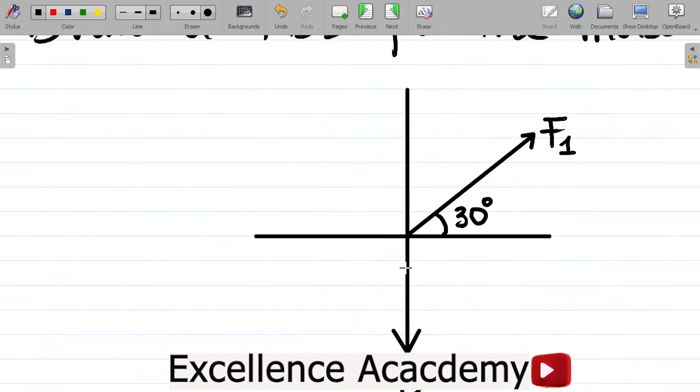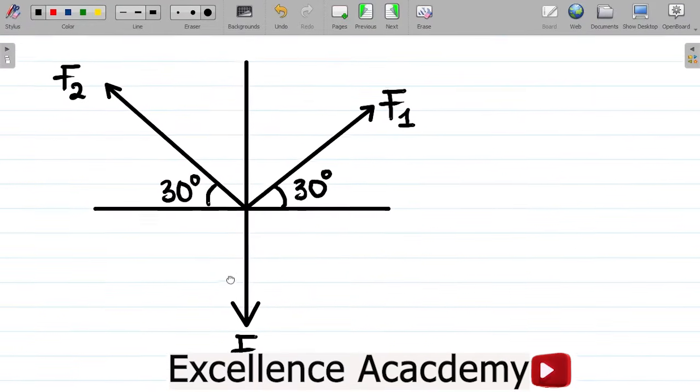Now going this way, northwest, this angle here still is 30 degrees, and you have here F2. So basically, here's my diagram from the question.